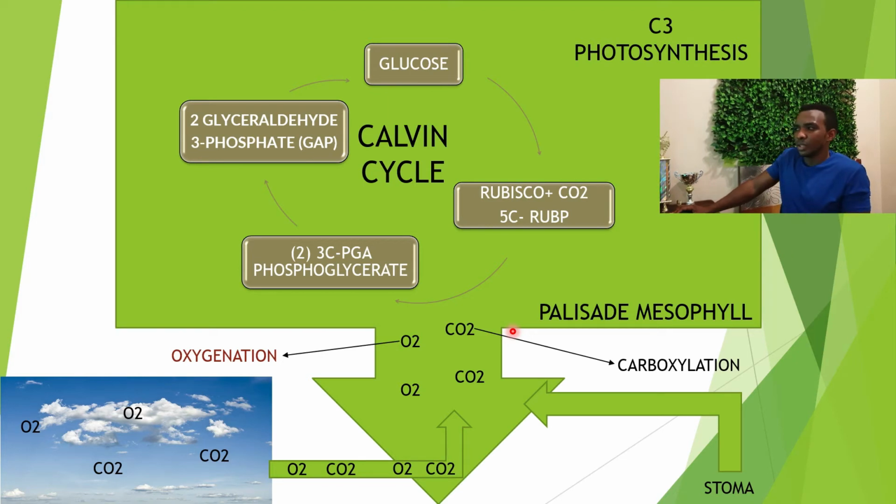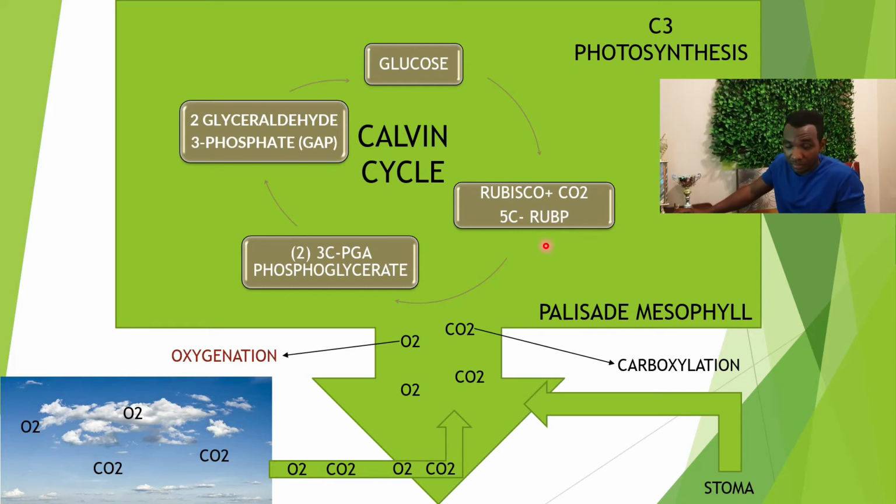So when CO2 combines with the enzyme Rubisco, it forms a 5-carbon sugar known as RuBP. As you can see here, RuBP stands for ribulose bisphosphate. So that is the first thing that happens.